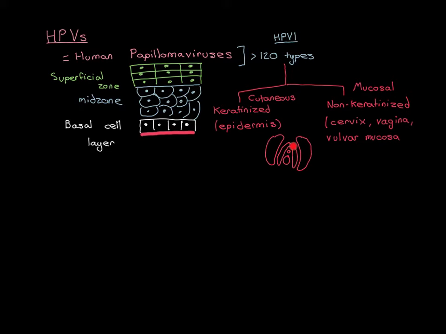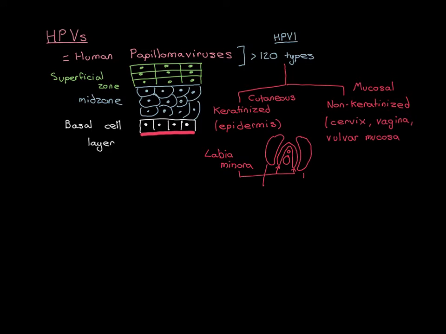Also, the lining of the labia minora is a mucosal squamous stratified epithelium. The lining over the labia majora here is skin, so that's a keratinized squamous stratified epithelium. So let me just put a few little annotations on this. So these are the labia minora, so this bit here and this bit here, and they are coated by the vulvar mucosa.